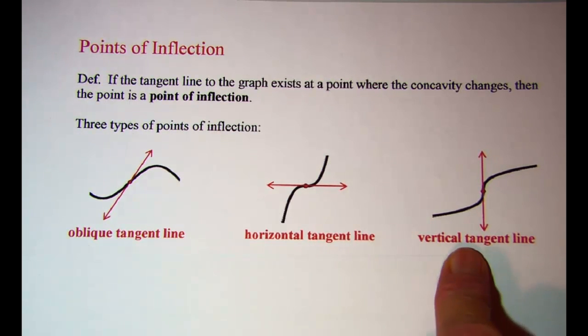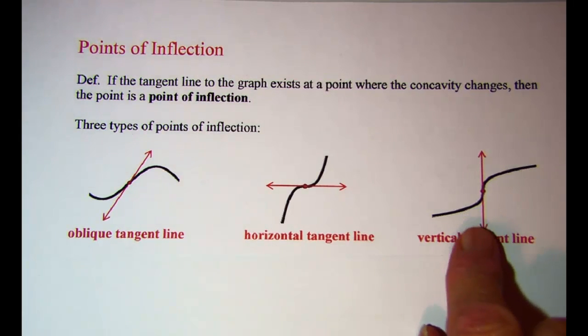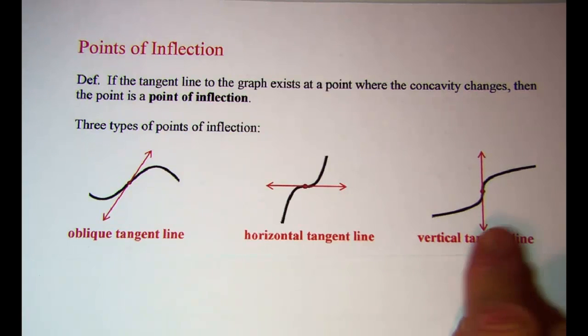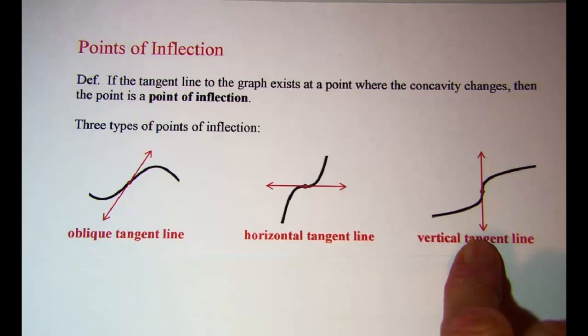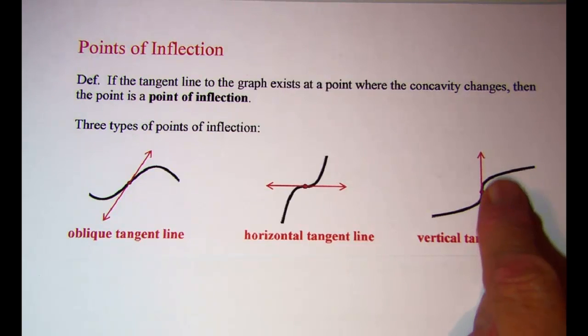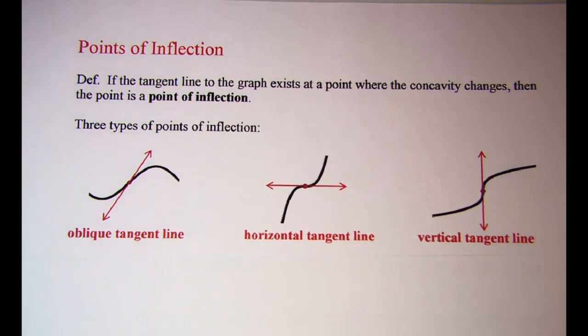On this example, this, by the way, is the cube root of x. It has a vertical tangent line at the point of inflection, concave up on the left side and concave down on the right side.